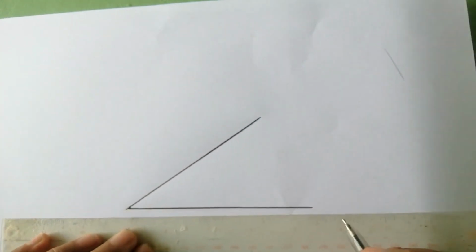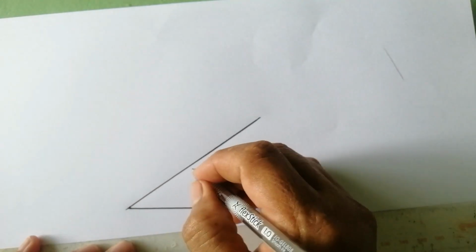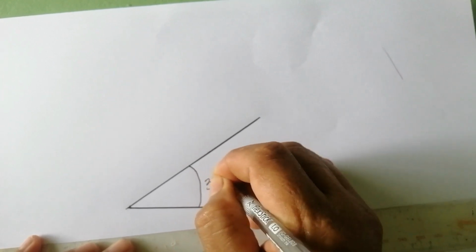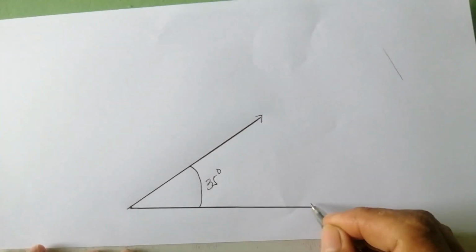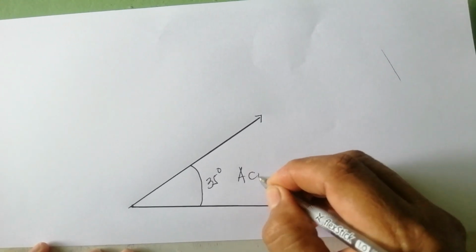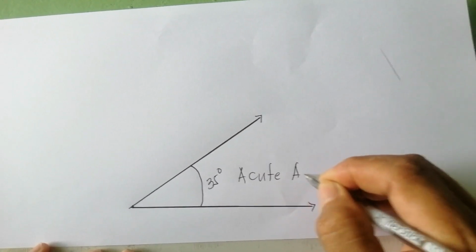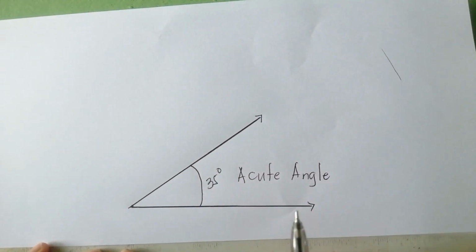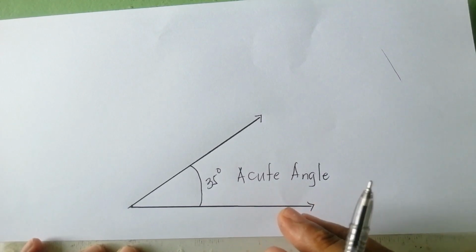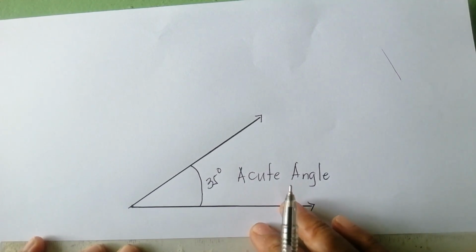Okay, this is a 35 degrees angle. So since this is a 35 degree angle, this is an example of an acute angle, which is one of the classifications of angles according to its measure.